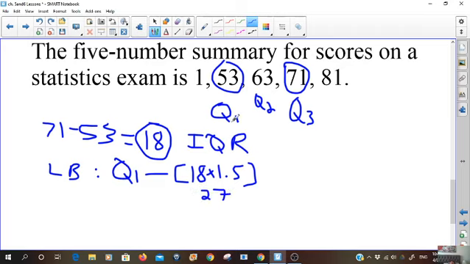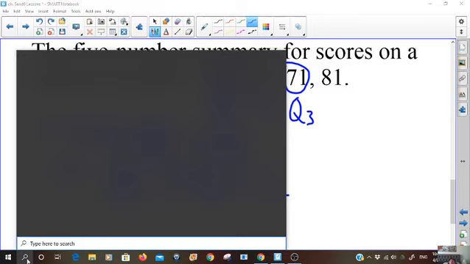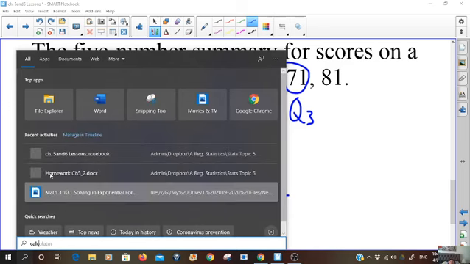Okay, so now we're going to take Q1, which is 53, and we're going to go ahead and minus 27. And that'll be our lower boundary. So 53 minus 27. You can use your phone calculator, the internet, whatever you need to help you.